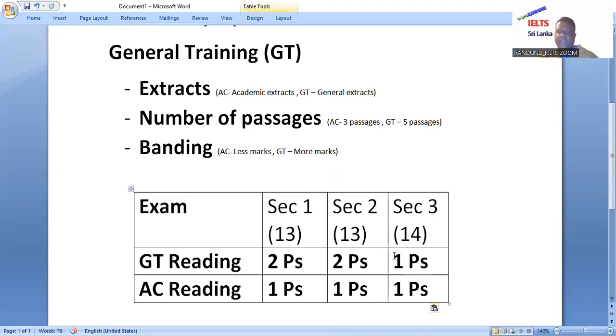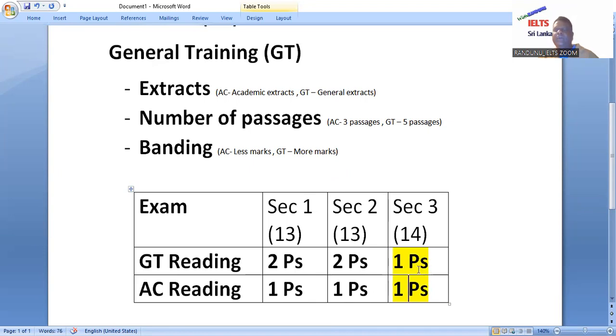You can see a common element here: section 3, only one passage, is similar in both cases. The general section 3 is similar to the academic one.